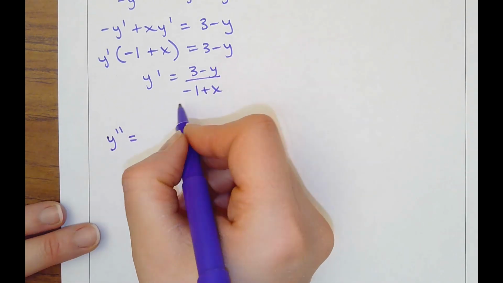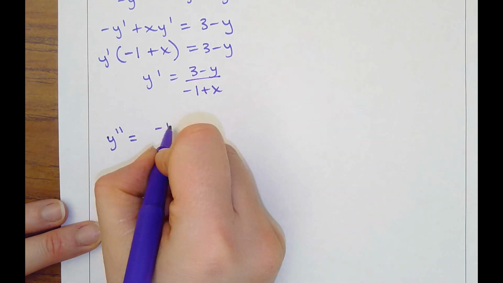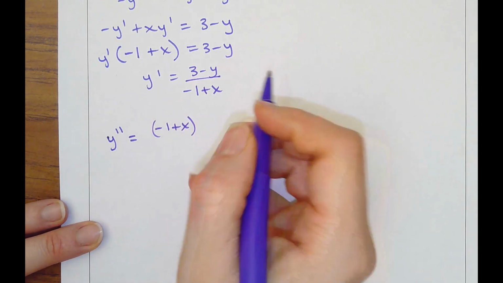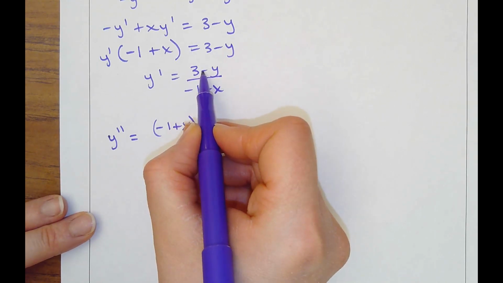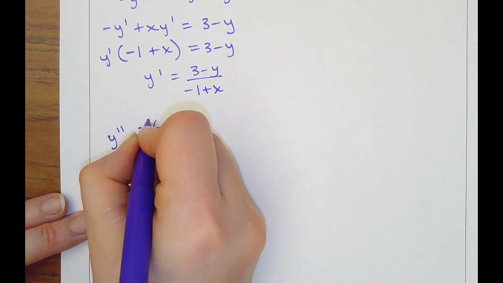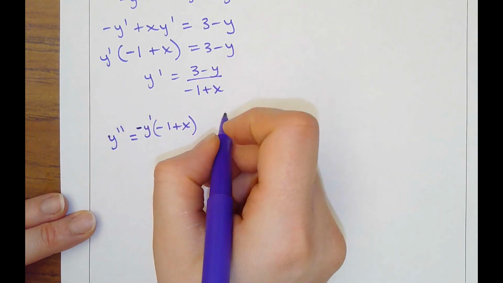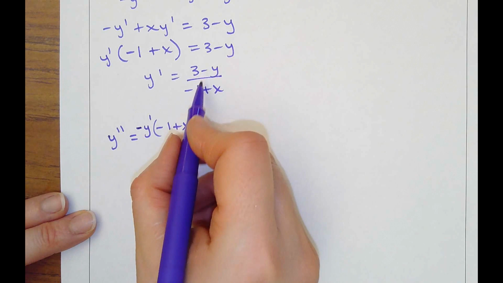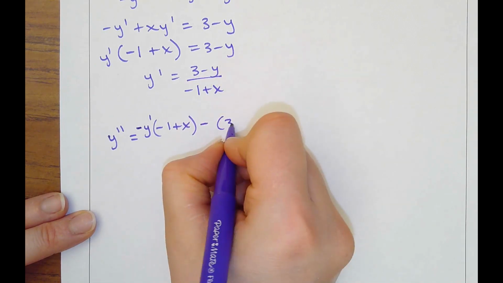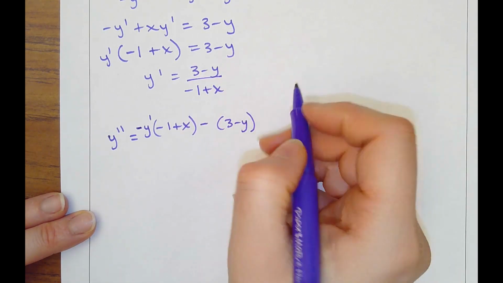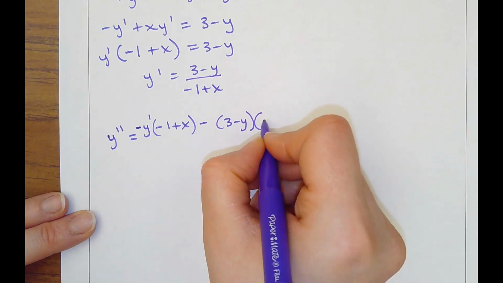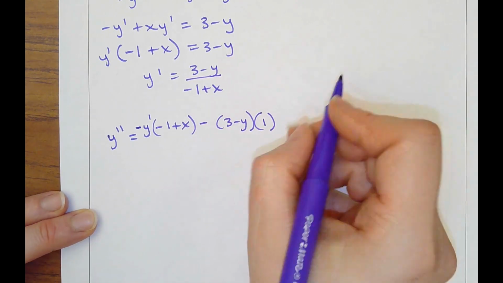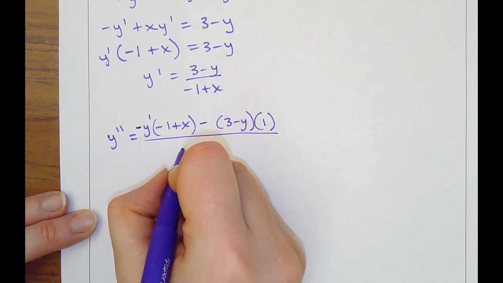Quotient rule, remember, it's low times derivative of high, so that would be negative y prime. Let's squeeze it in front. Low times derivative of high minus high times derivative of low. That's just 1. All over low squared.